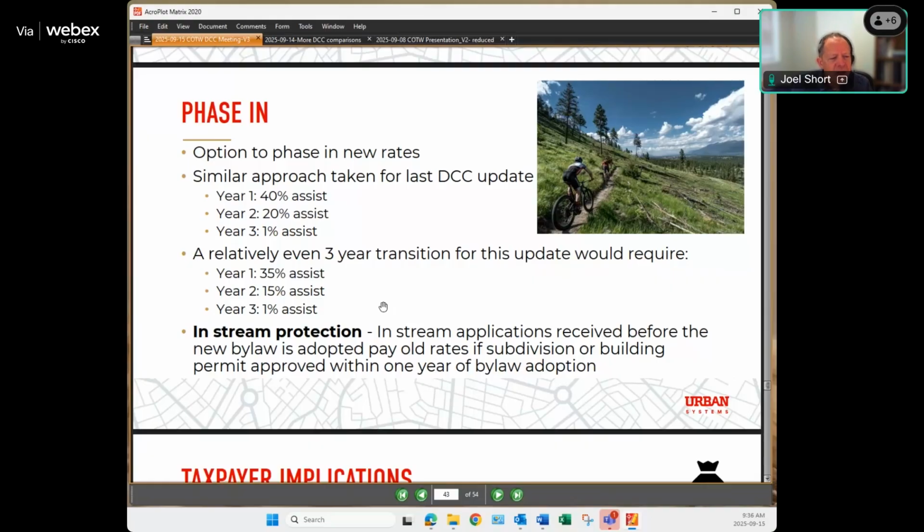So you get that in-stream protection, which is there regardless of what you do with any phase in or anything like that. It's always there. It's in the legislation. Basically, get your application in before the new bylaw, you pay the old rates as long as you get your building permit or subdivision approved within a year.